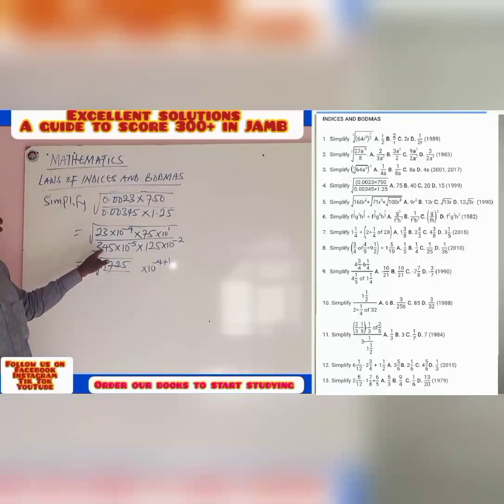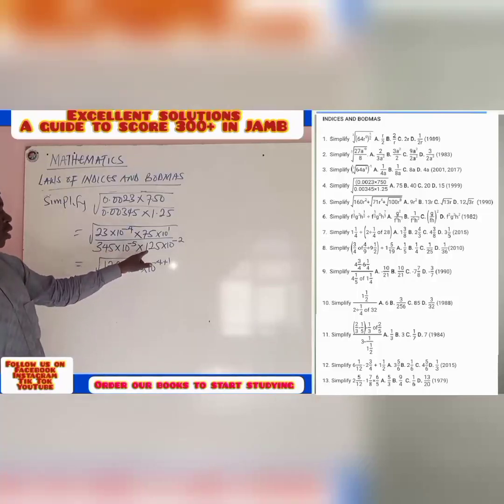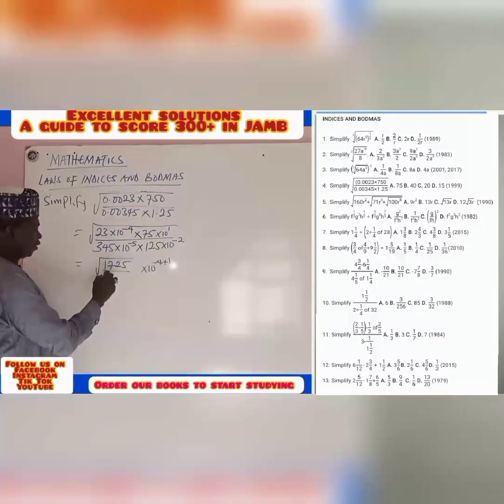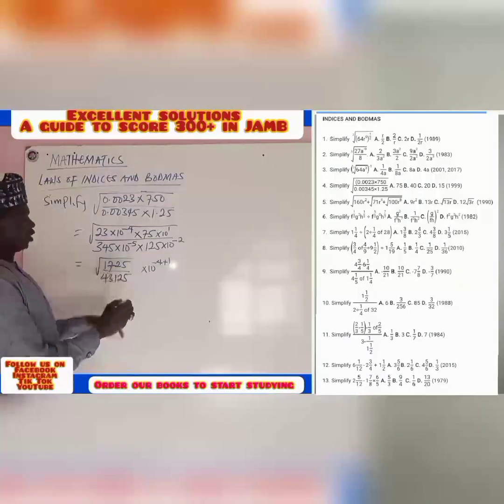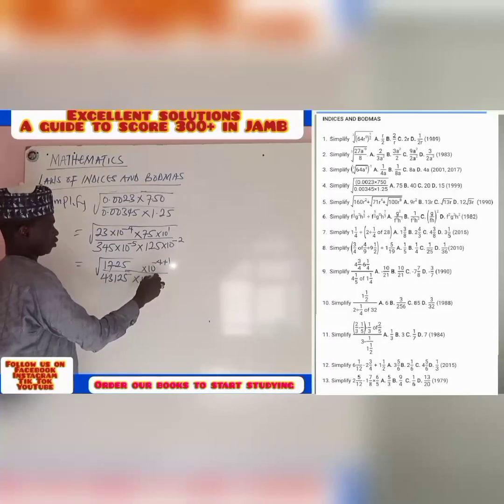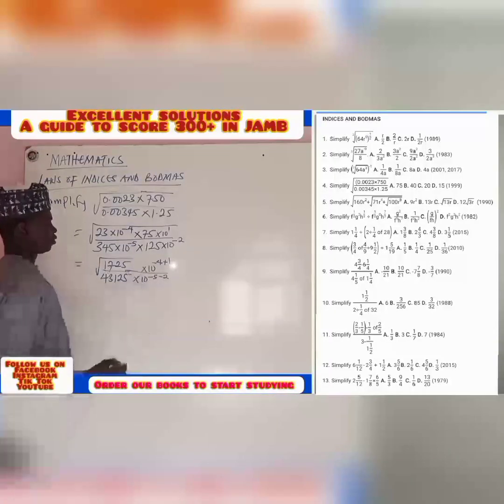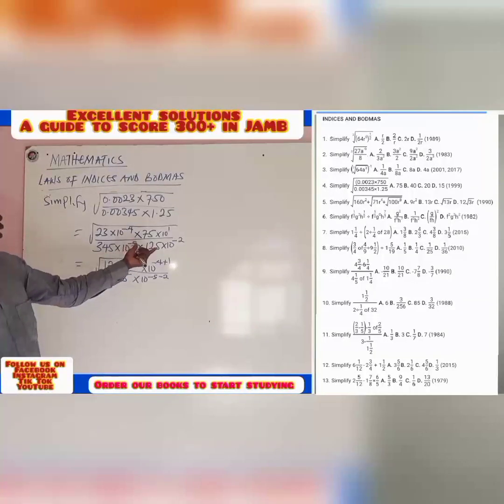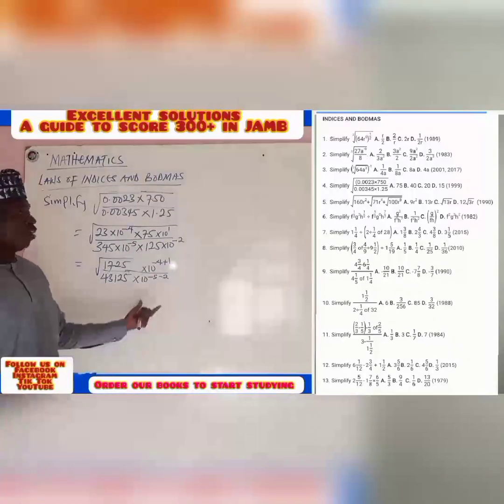Here we have 345 multiplied by 125. 345 multiplied by 125, we are going to have 43125, and we are having times 10 raised to power of minus 5 minus 2. By law of indices we now sum up our powers.